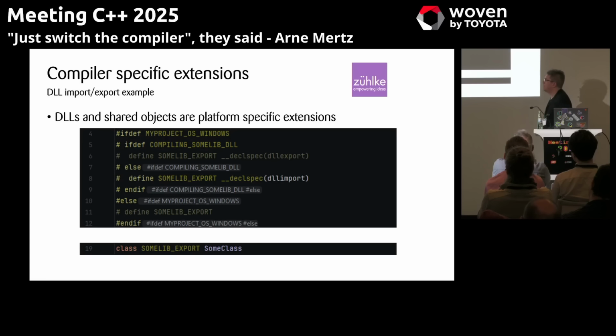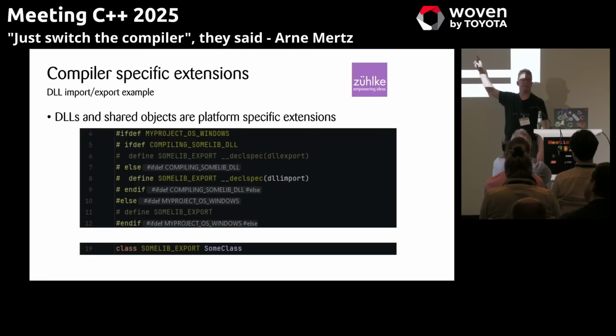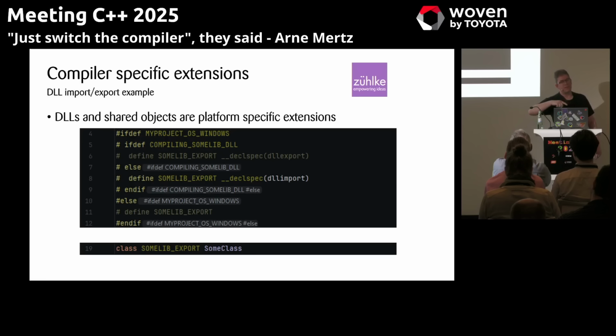DLLs, the standard example of DLLs and import-exports. If you have a Windows compiler and you have an actual DLL, then depending on whether you are actually compiling the DLL, you have to define the things that you want to use elsewhere as DLL export. If you're defining the client that uses your DLL, you have to define those functions as DLL import.